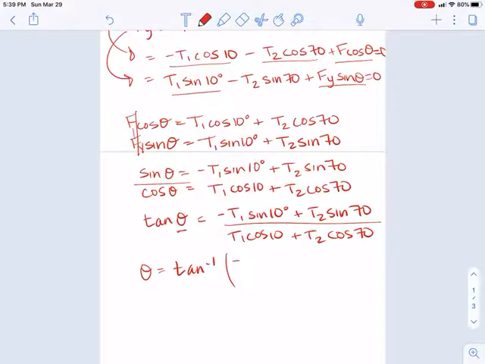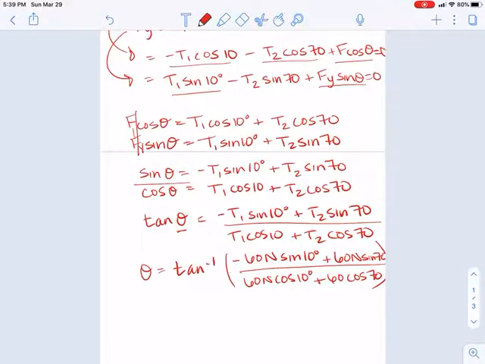You've got negative tension 1, and tension was 60 newtons, sine 10 degrees, plus tension 2, which was 60 newtons, sine 70, divided by 60 newtons cosine 10 degrees plus 60 cosine 70. If you do all of that in your calculator, you should get 30 degrees.